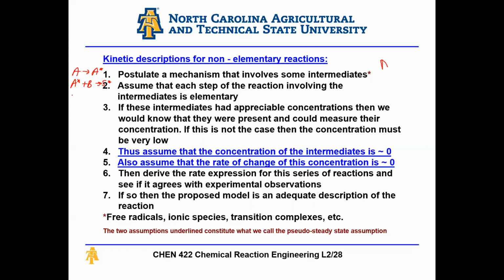So I need to come up with a mechanism, come up with a theory, and then test it. If these intermediates have appreciable concentrations, then we could measure the concentrations. Otherwise, they can be very low. If they're very low, we assume that they're zero, and then we assume that the rate of change is zero, and then we go from there and derive a rate expression. Okay. So these are the steps you need to follow. It becomes clearer once we do an example.